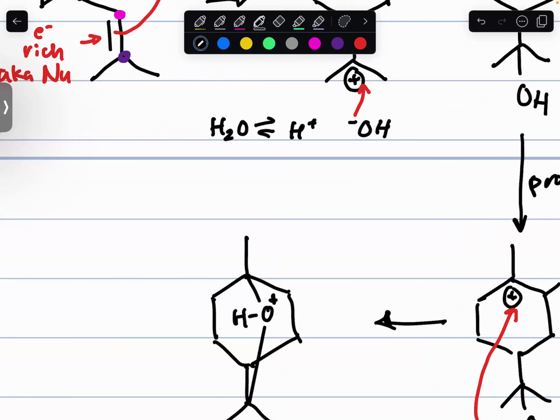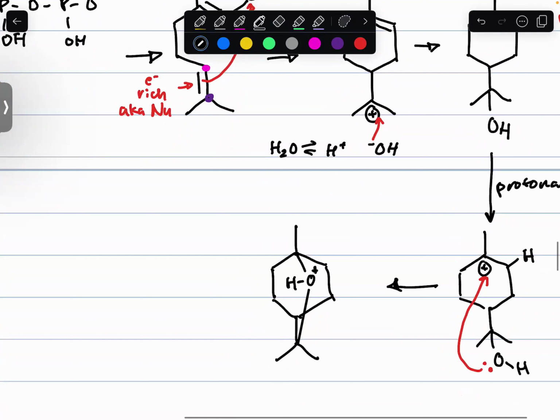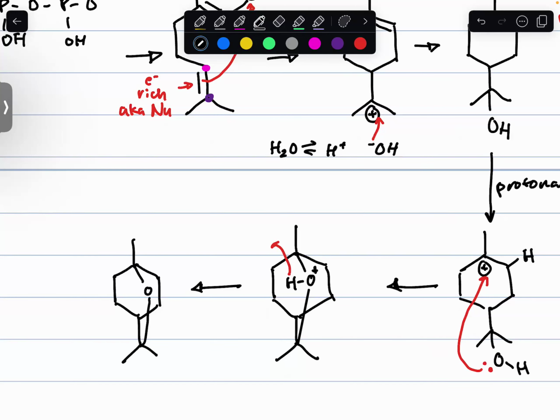The pKa of a proton on a positively charged oxygen is really low. It's getting out of there. So we'll just say it leaves. And we have our final product.